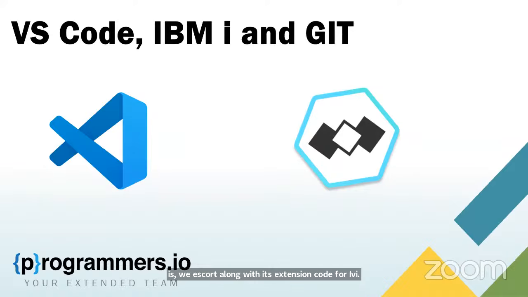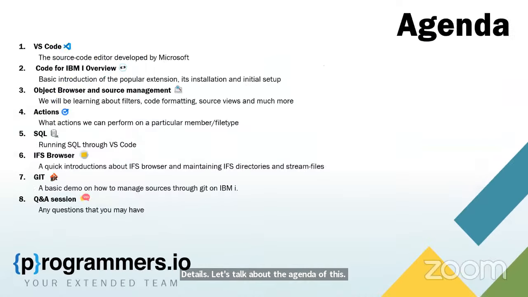Before we go into the details, let's talk about the agenda of this meeting. In this session, we'll be talking about what VS Code is. Then we will have an overview of Code for IBM I. Next, we are going to see how VS Code and Code for IBM I make a very powerful IDE to do the development.